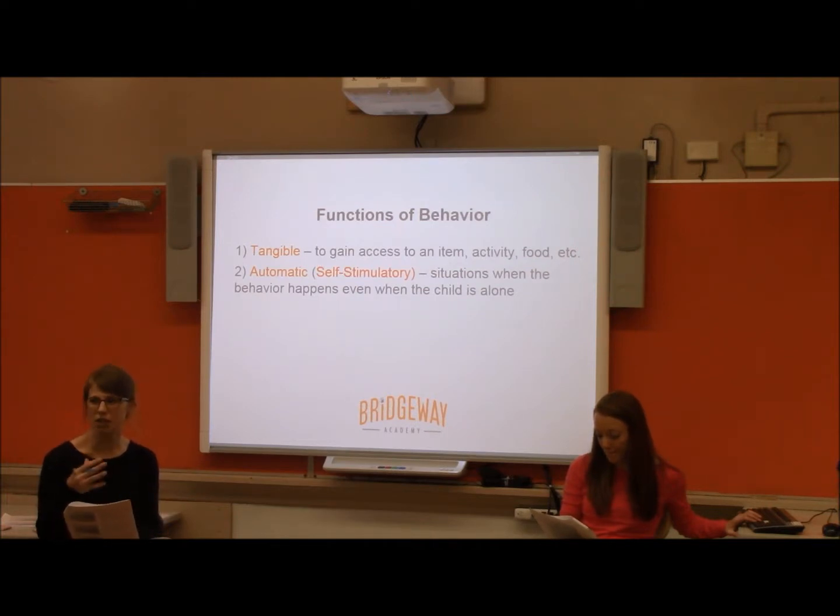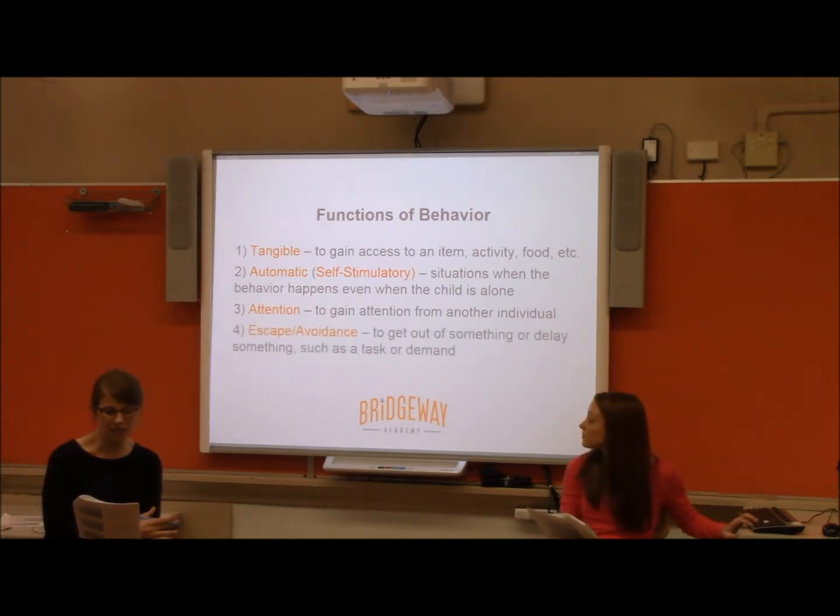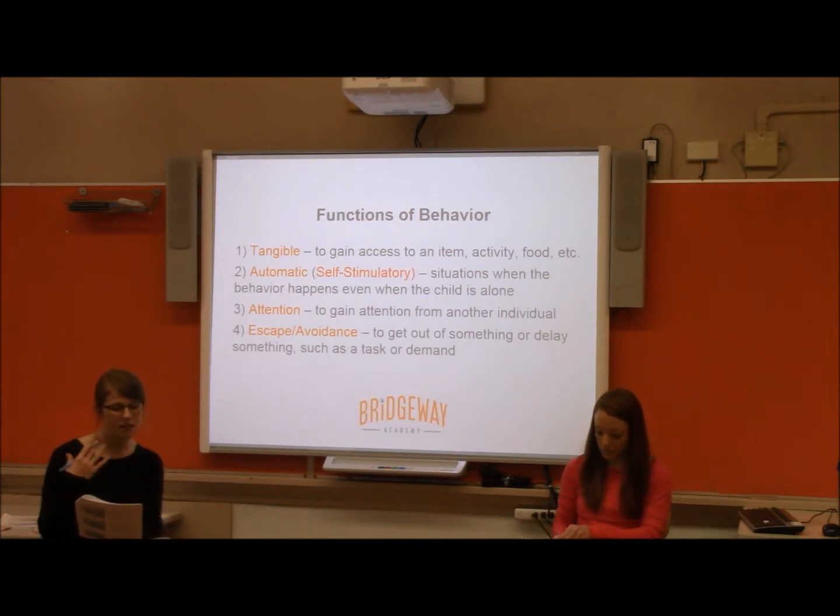It feels good, there's some sort of internal sensation, no one else has to be around for this function to be occurring. Attention is to gain attention from somebody else, and then escape or avoidance is to get out of something, delay something, get away from someone, and that is escape or avoidance.